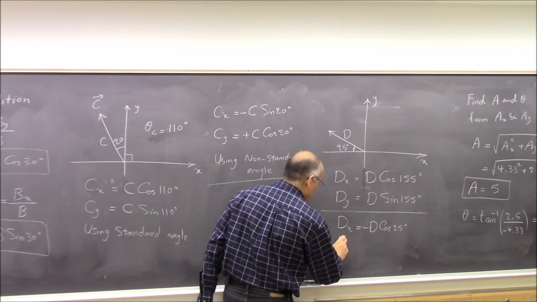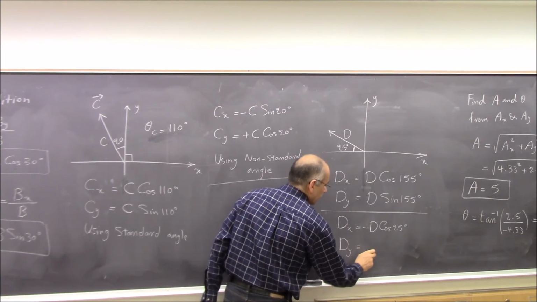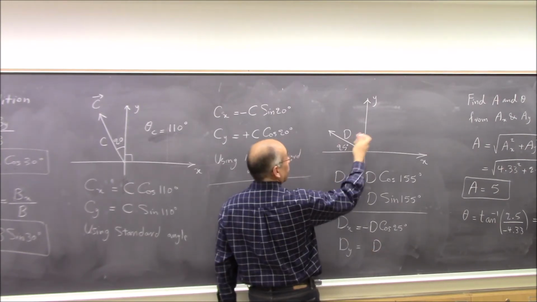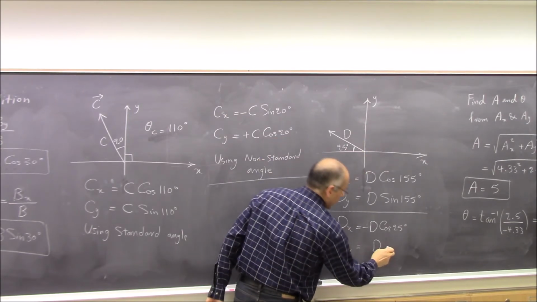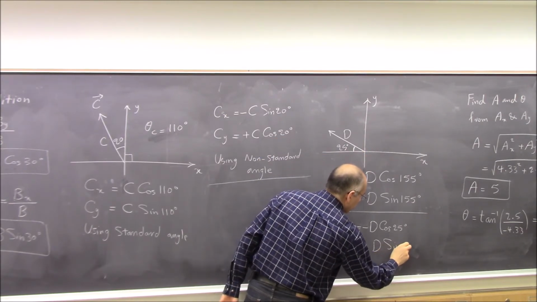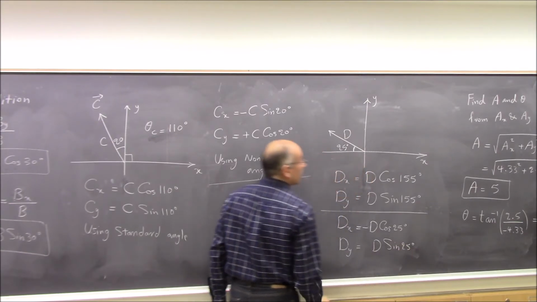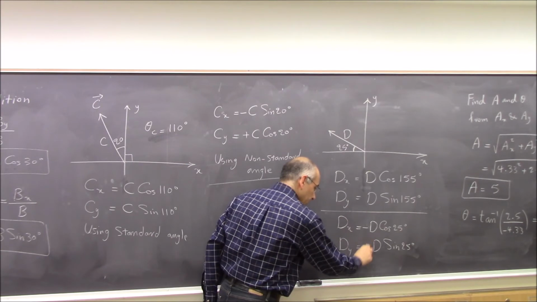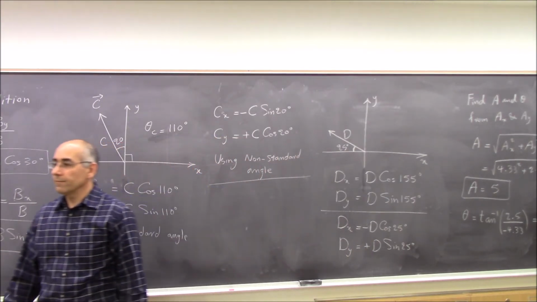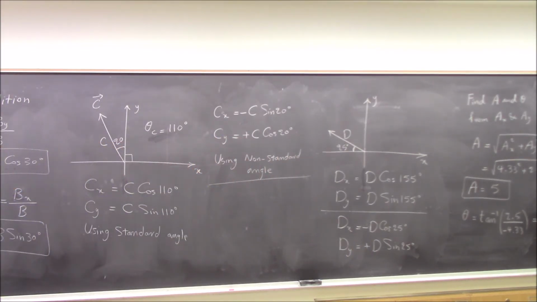And Dy is not adjacent to 25 degrees, so it comes with sine. Because it falls in the positive y direction, we keep it positive. Does it make sense?